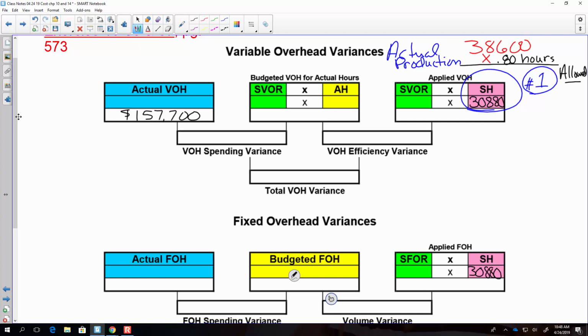Now, what I would like to know is what are we talking about here? I know the book says variable overhead, but what accounts are we looking at here? We're looking at a delivery service. What do you think we would have here?